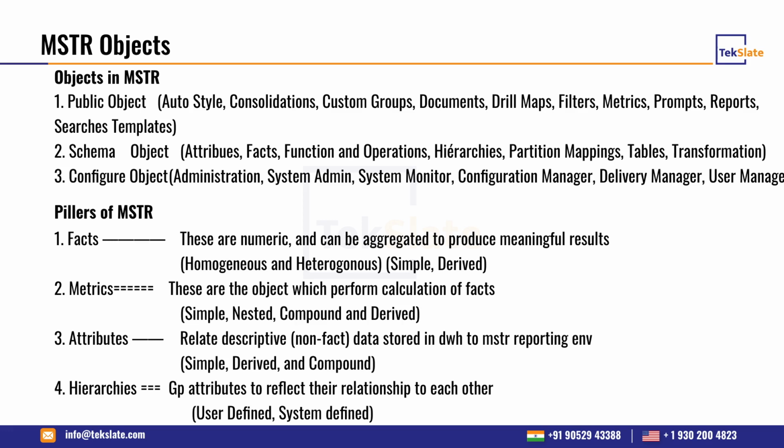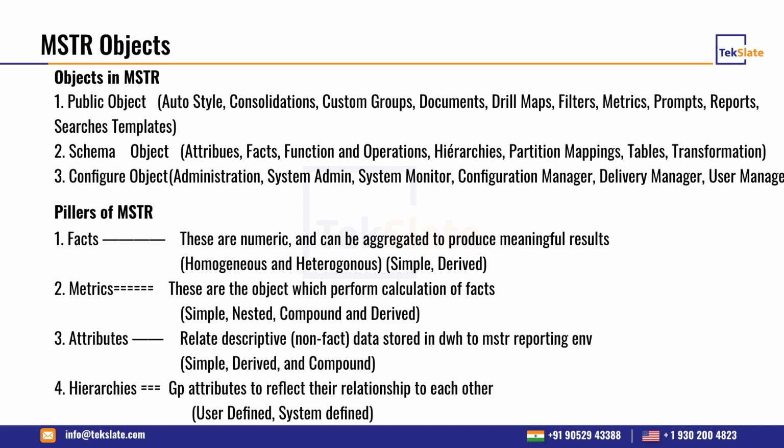When we relate attributes by some significance level, that is called a hierarchy. If the year attribute is there, it must have the month attribute, the month must have the week attribute, and the week must have the day attribute. So this is the hierarchy. Hierarchies are formed by using attributes. We can create metrics by using attributes also. That part we are going to see here.